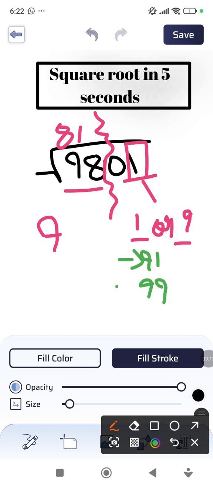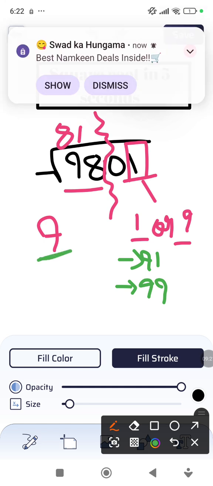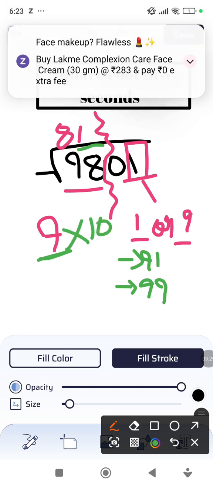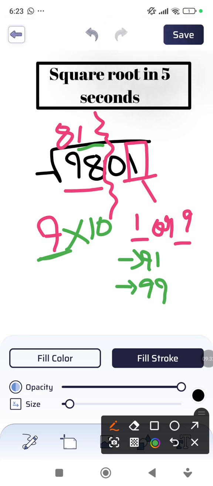But how to choose between them for the correct answer? What you will do is multiply the number whose square is just smaller than 98 with the next larger number. Like if it is 9, then we'll multiply it with 10. 9 10s are 90.